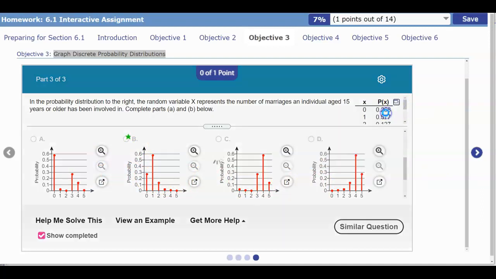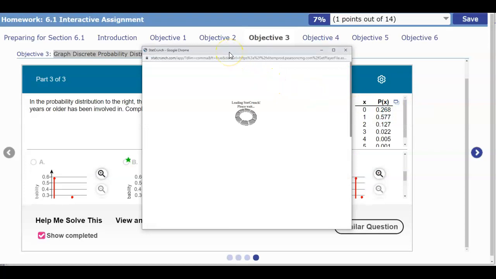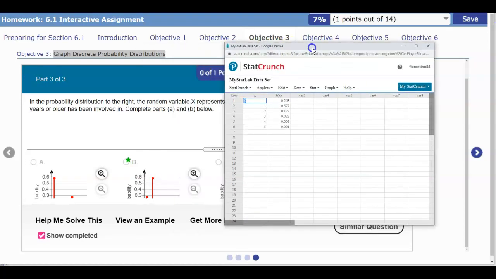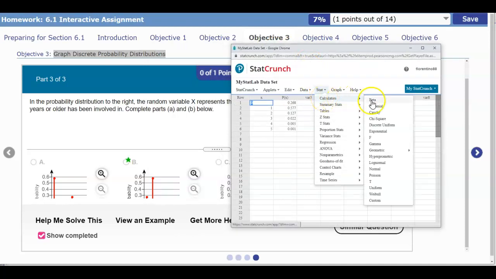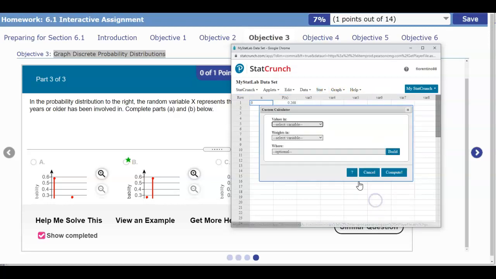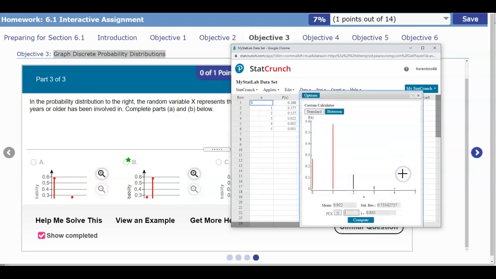So we're going to open this up in StatCrunch. If I want to graph this, I go to Stat, then Calculators, and scroll all the way down to Custom. In the values in, it's going to be the X variable. In the weights in, it's going to be the probability, and then we select Compute.